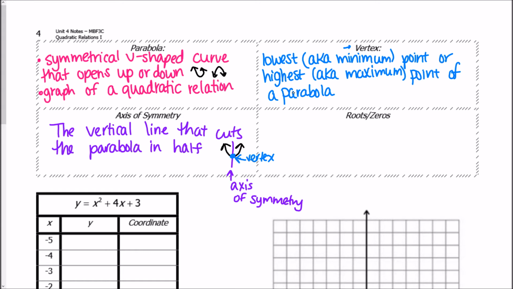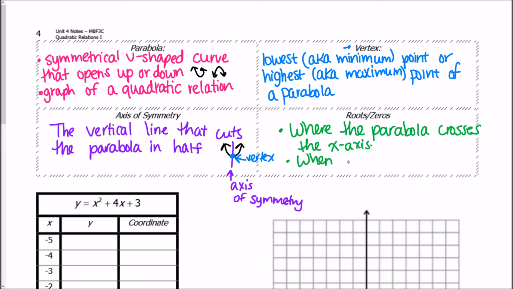This is where the parabola crosses the x-axis. But it's also when the quadratic relation is 0.